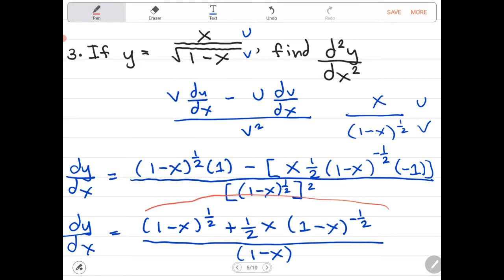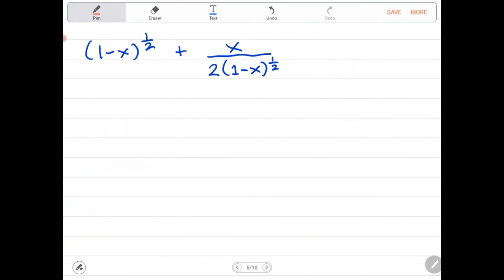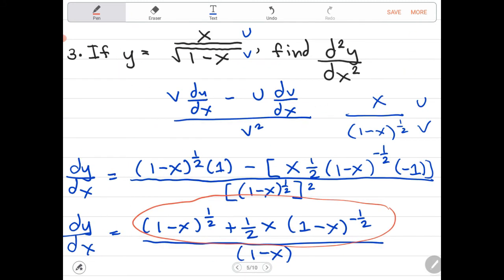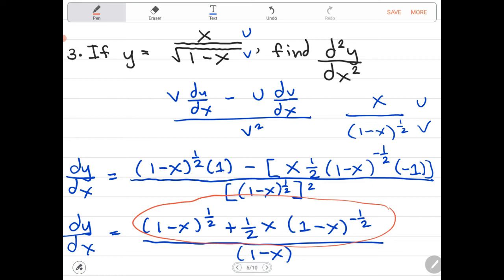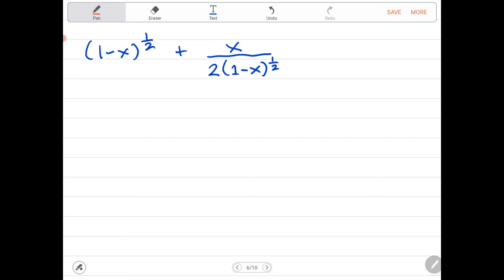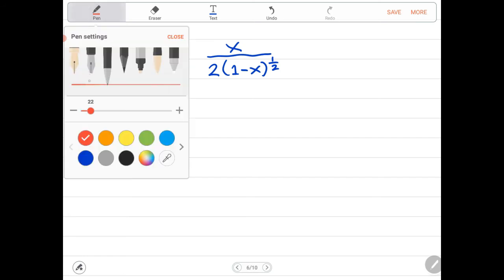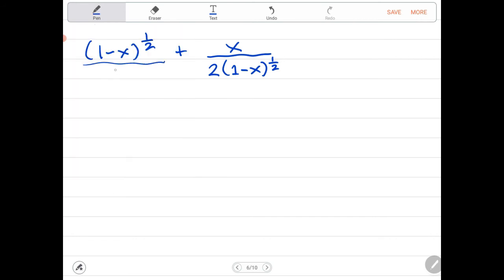We are working out with our numerator. Okay, let us simplify this by finding the LCD. This is understood that over 1. So let us find the LCD. What is the LCD of this? LCD is 2 times 1 minus x raised to 1 half.